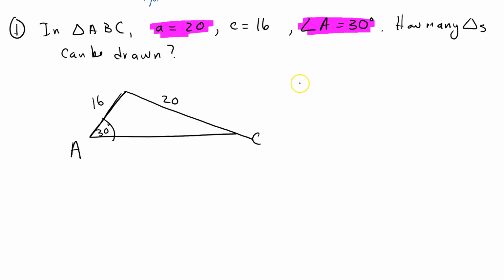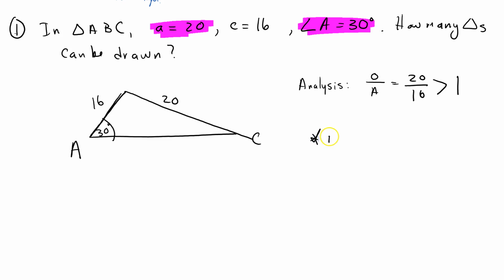So let's do a little bit of analysis. Opposite over, not hypotenuse, opposite over adjacent is 20 over 16. Whew! Thank you, mathematical gods. 20 over 16 is going to be greater than 1.